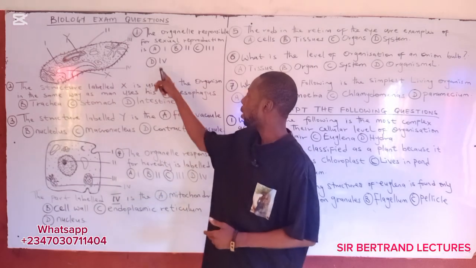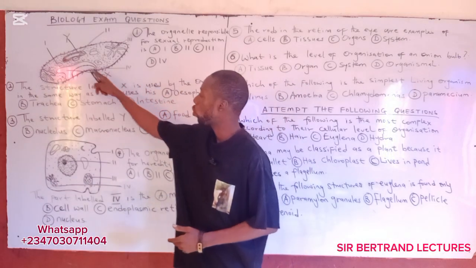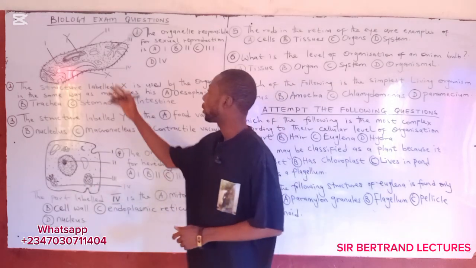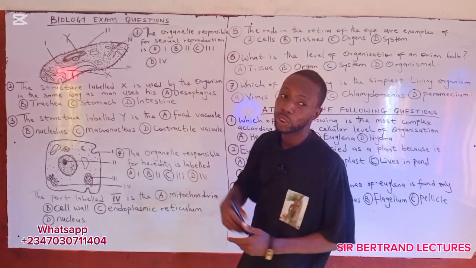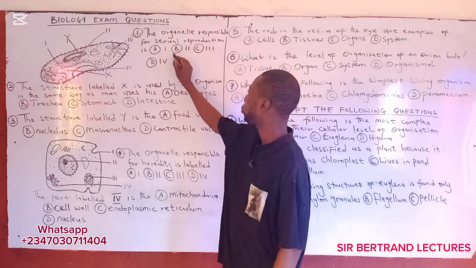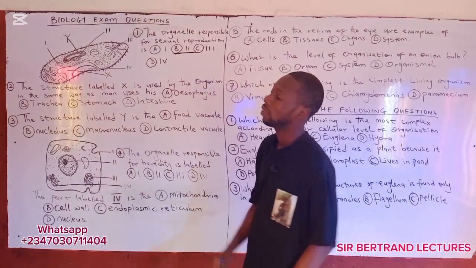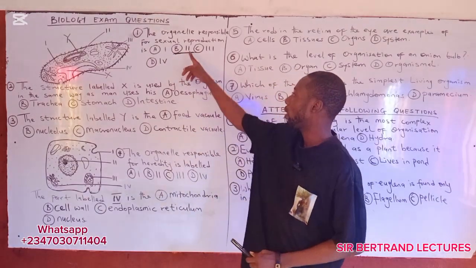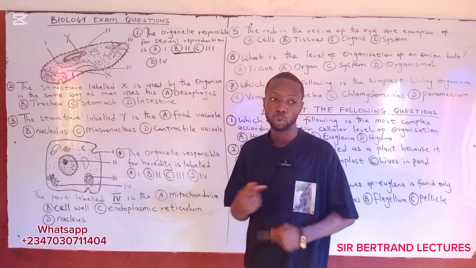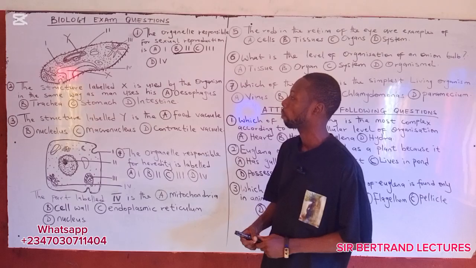Label IV is the oral groove used for ingestion of food material. So the question is asking which one is responsible for sexual reproduction, and the answer is option B, because B is the micronucleus that is responsible for controlling sexual reproduction.